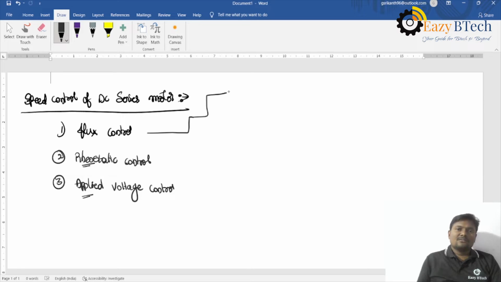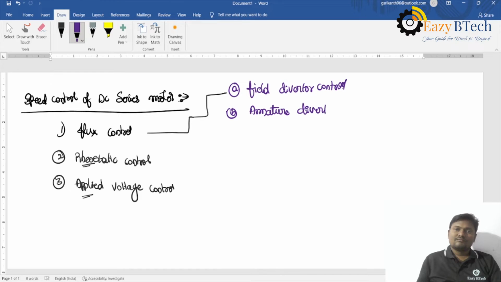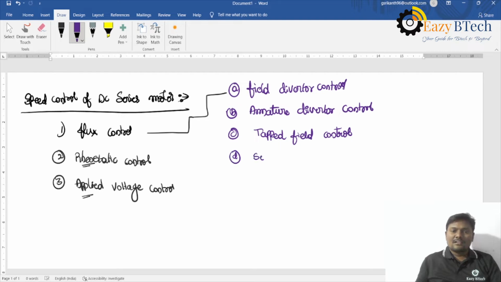In flux control, the first is field diverter control, the second one is armature diverter control, the third one is tapped field control, and the fourth is series parallel connection of field.